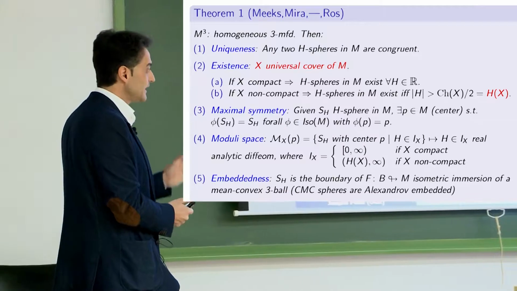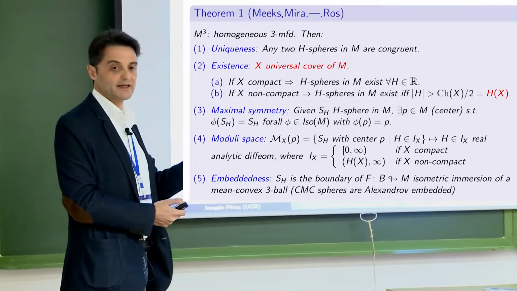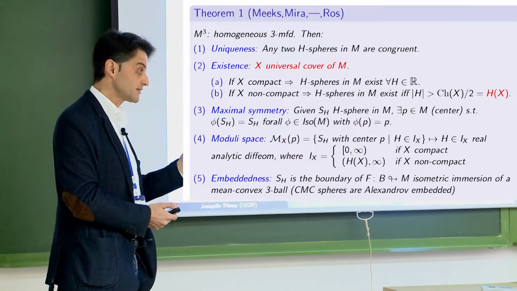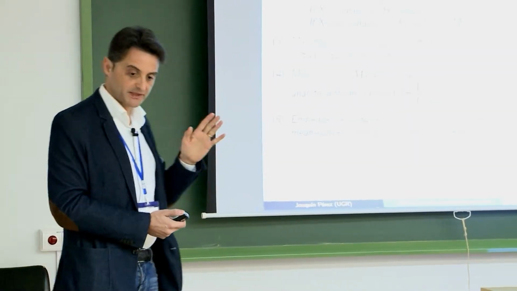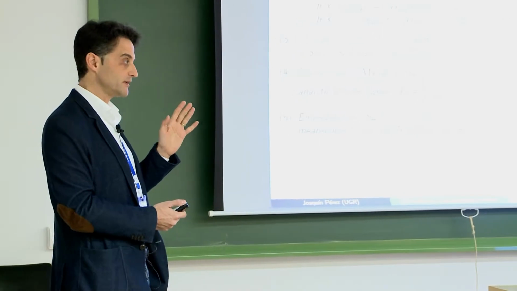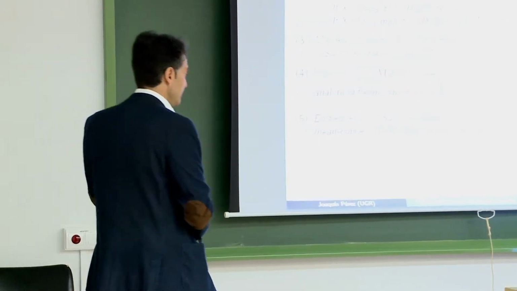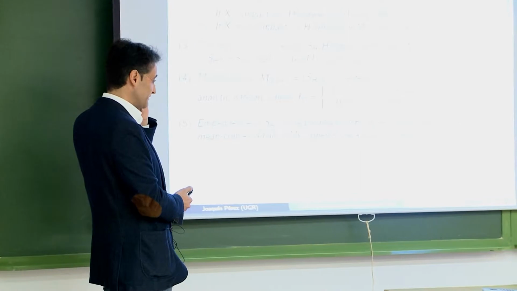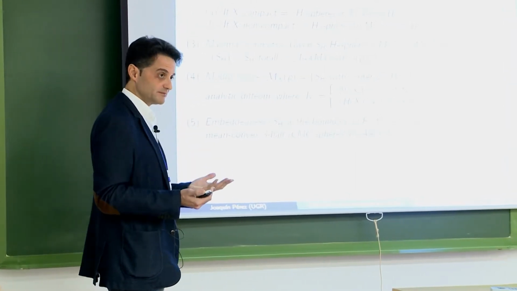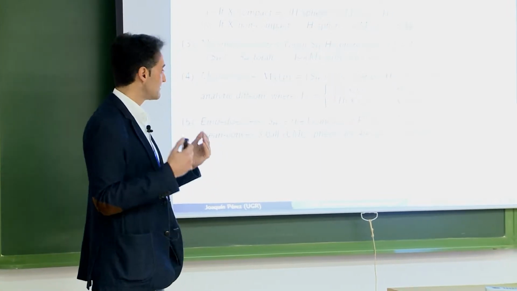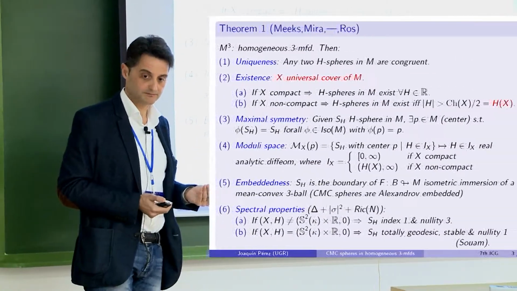Okay? But still, there is a weakening of embeddedness, which is Alexandrov embeddedness, which holds for every constant mean curvature sphere in any homogeneous three-manifold. Being Alexandrov embedded means that the surface is the boundary of an immersion of a mean convex three-ball. Okay?